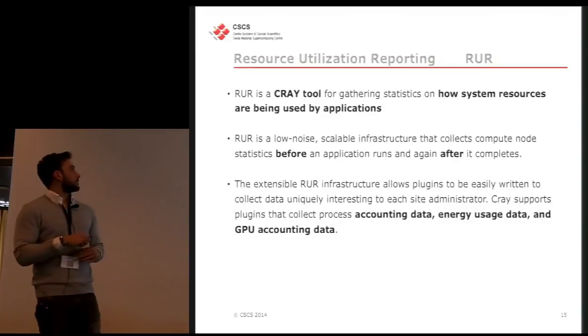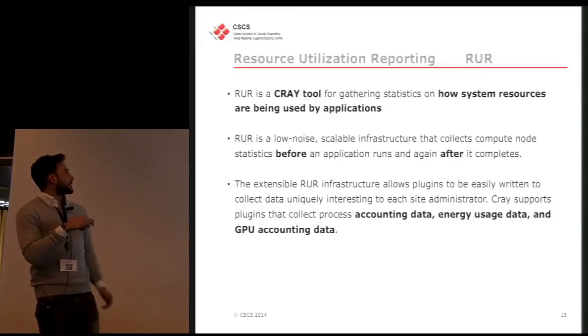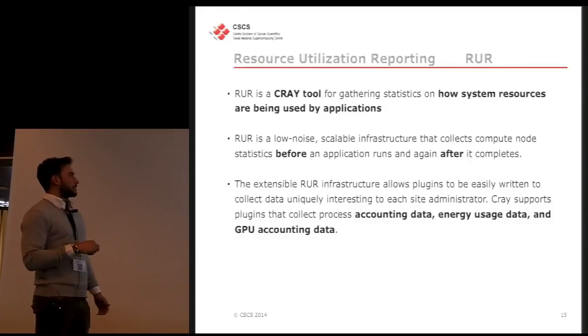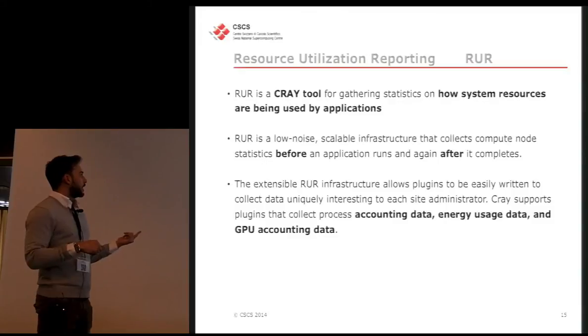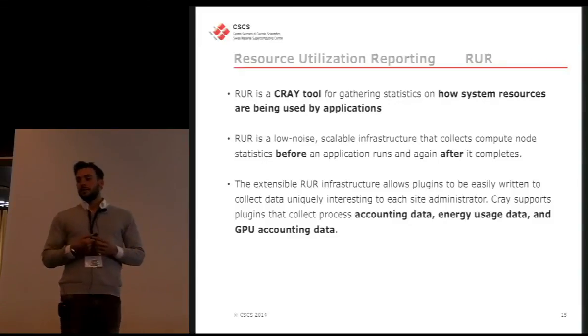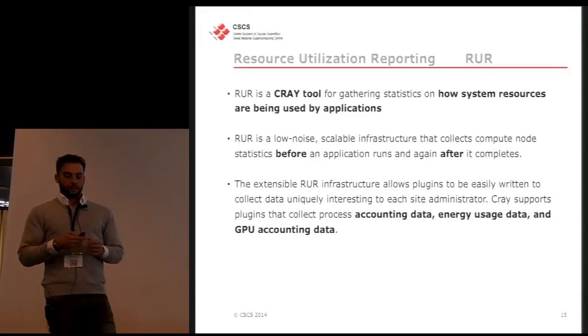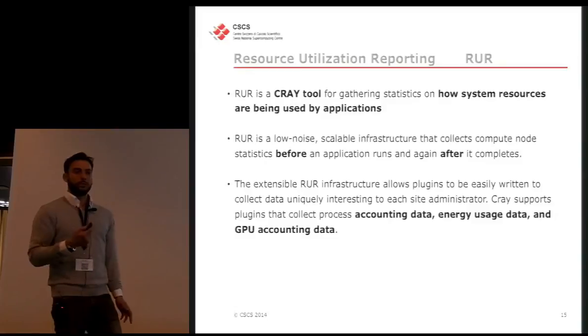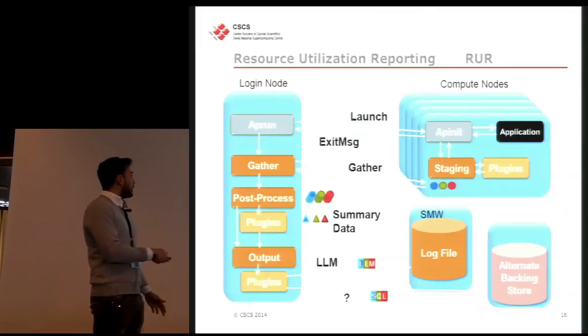It's an extensible tool. At the moment, we collect data about accounting, energy, and GPU accounting. So this is the way we can retrieve the data on the Cray about how much GPU the job has effectively used.